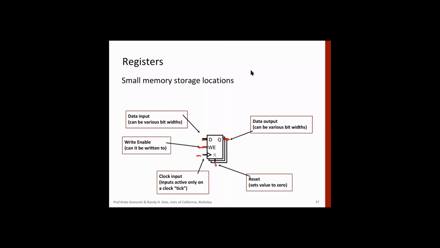So we have reset, clock, write enable, data input, and data output. These are the places where data can come in, data can go out, and how control can happen. These are the minimum things that are required in a register.